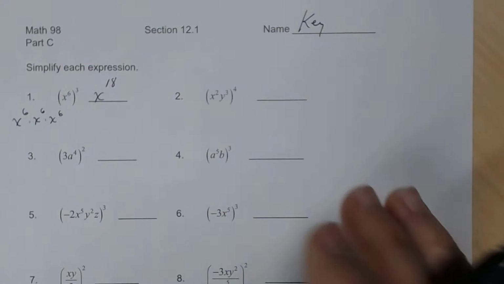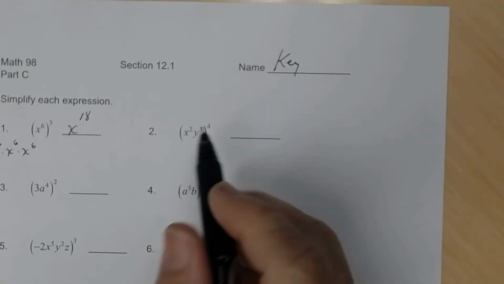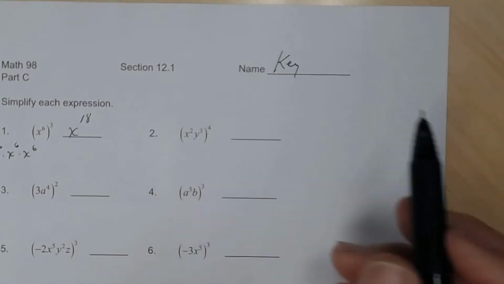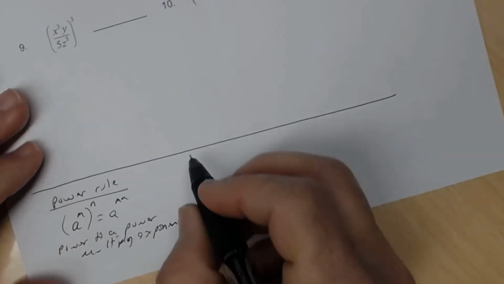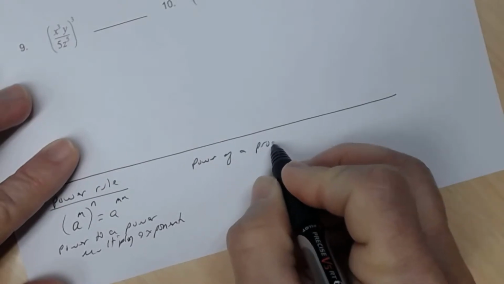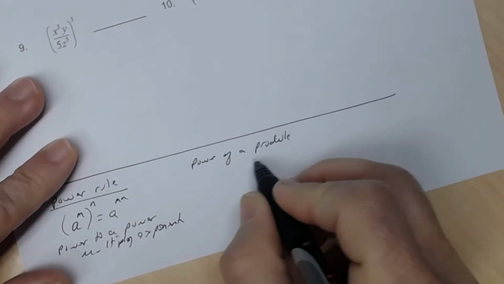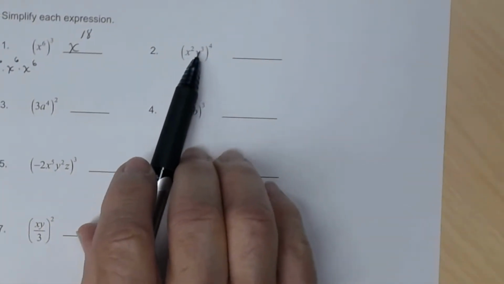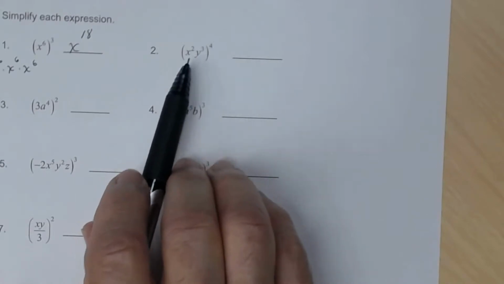Okay? Now, here you have two variables raised to an exponent. So that's where we're going to use what is called the power of a product rule. Okay, power of a product rule. So you see, it kind of looks like this. So it's a product, and you're raising it to a power.